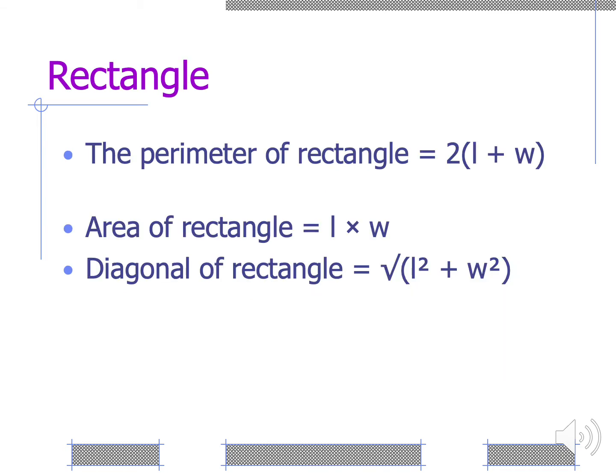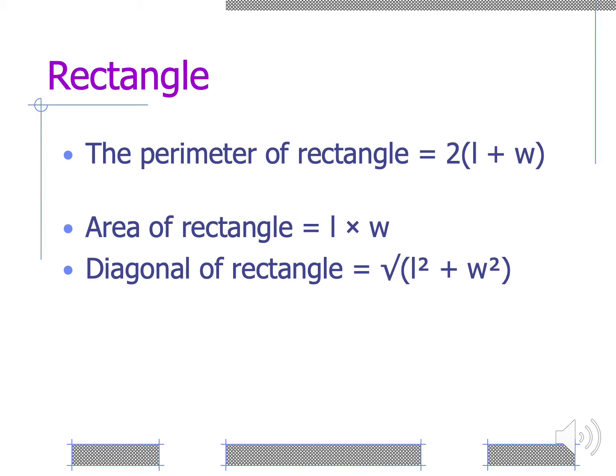If we are going to find the perimeter of the rectangle, you add all the sides. You have two equal sides, so you add twice the length plus twice the width.